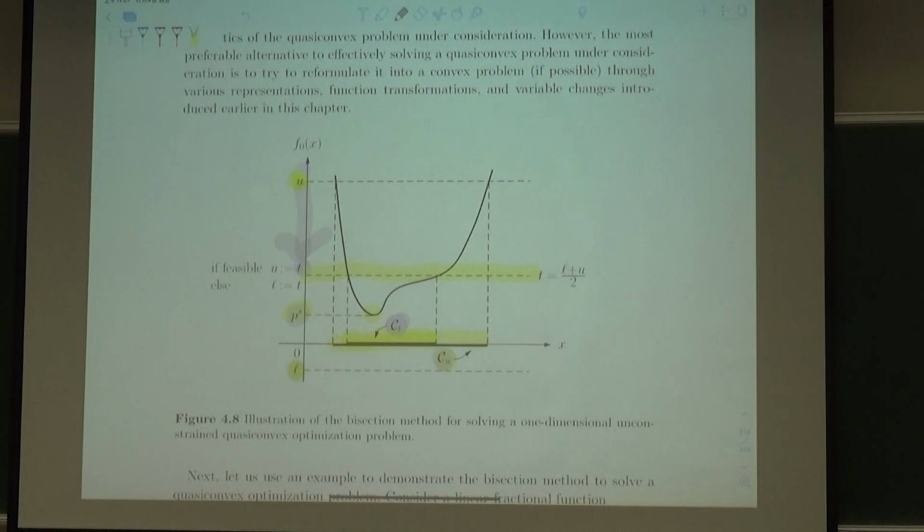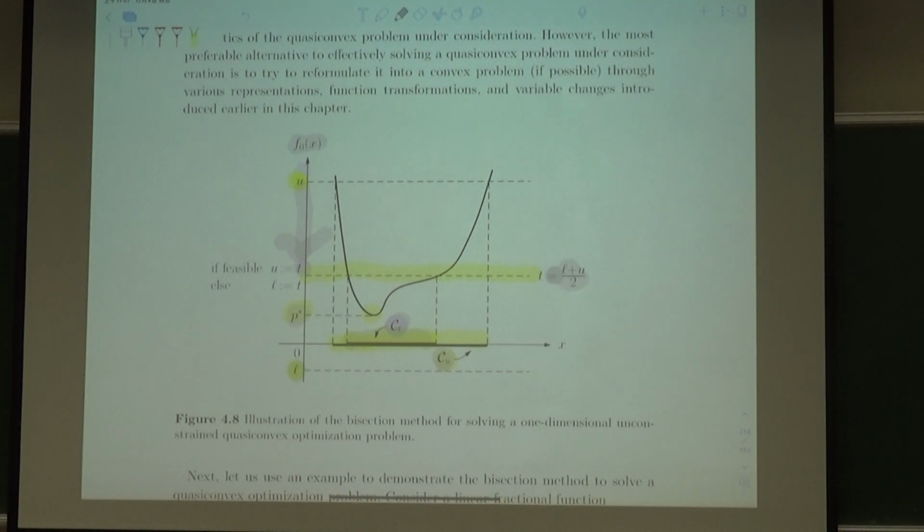Because l is lower than p star, it's impossible. You have no solution. Suppose p star is the optimal value. If you choose the optimal f0(x) to be l, the sub-level set is an empty set. So if you test the average of l plus u divided by 2, then in this case you can find a point in here. Right?